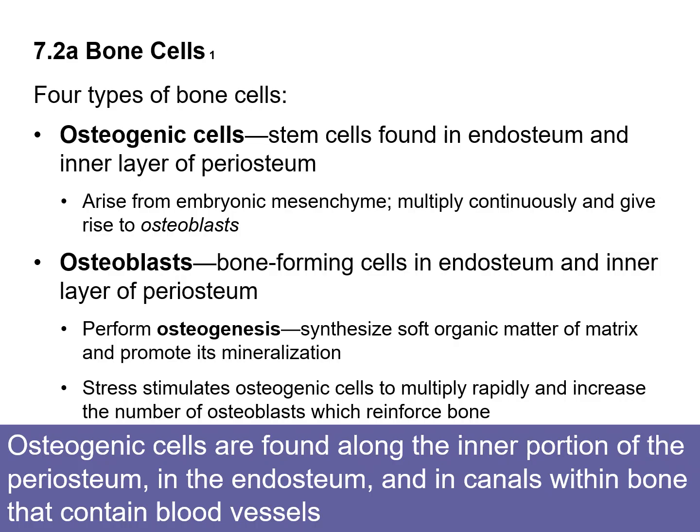That is called osteogenesis. And stress will stimulate the osteogenic stem cells to multiply very rapidly and produce more osteoblasts. Then those osteoblasts will go in and build more bone, further reinforcing the bone.